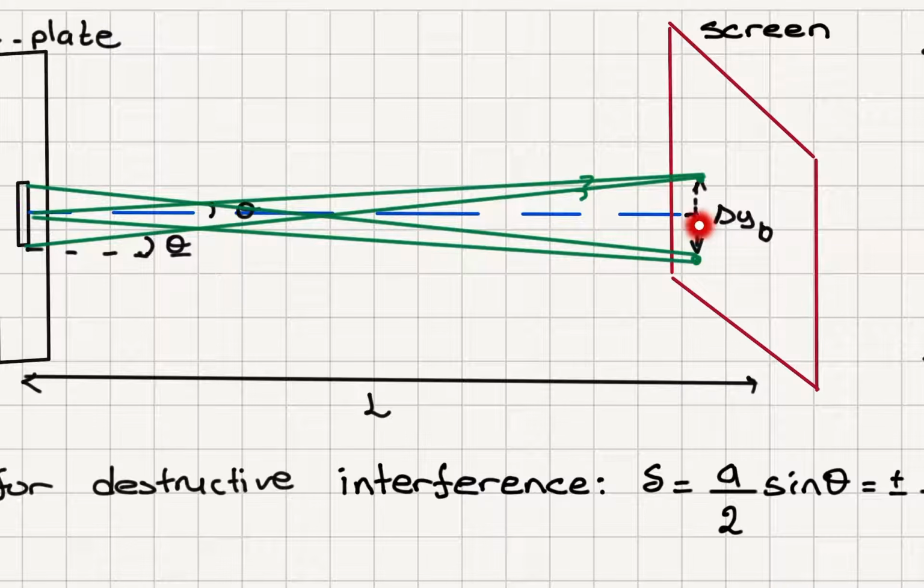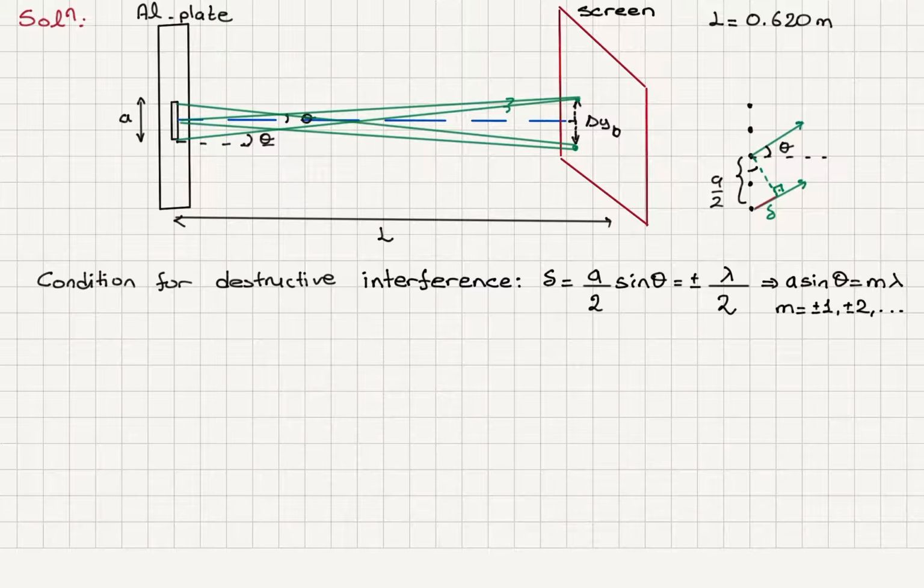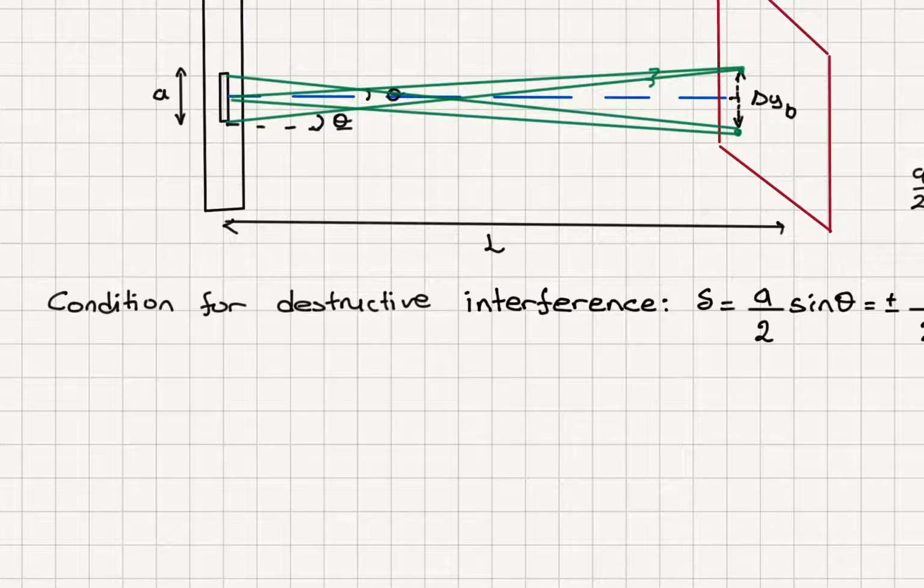If I look at this ray, for example, making an angle theta with respect to the horizontal coming from the center, tangent theta is delta y0 over 2 divided by L. So I can see that tangent theta will be equal to delta y0 divided by 2L.